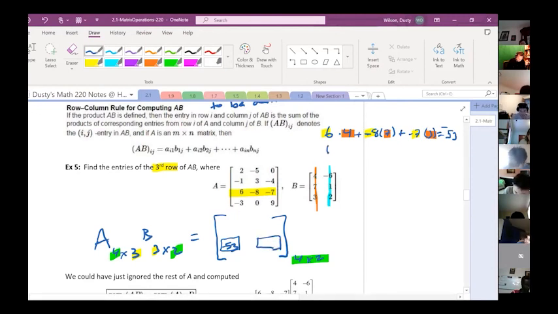So we have the same 6, negative 8, and negative 7, and we're going to multiply it by negative 6, 1, and 2.